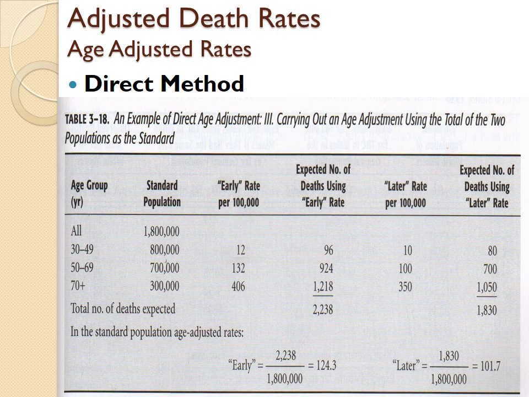Now you can calculate the total expected deaths using the early rate and the total expected deaths in the later period. The standardized age-adjusted death rate in the early period is the total expected deaths in the early period divided by the total population, that is 124.3, and in the later period, similarly, it is 101.7.